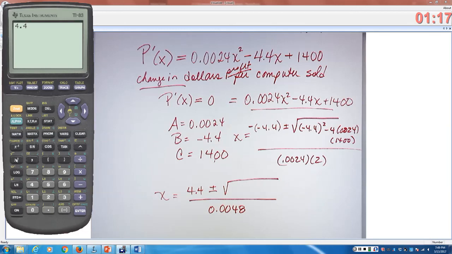And since I know it doesn't matter if it's positive or negative, I get the same thing when I square it. I'm just going to square 4.4, and then subtract 4 times 0.0024 times 1400. And that means I'm taking the square root of 5.92.